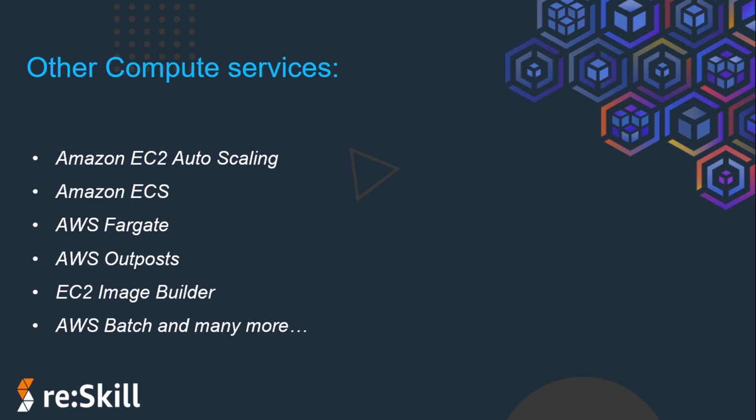Apart from this, you have Amazon EKS, which is used to run managed Kubernetes on AWS. Then you have Elastic Container Registry, that is Amazon ECR, which is used to store and retrieve Docker images. And there are many more services you can explore. This was just an overview of the other compute options, and we focus on the most core compute options available.